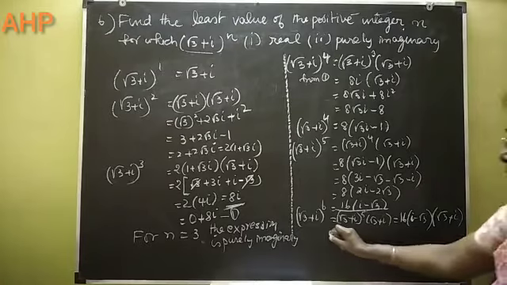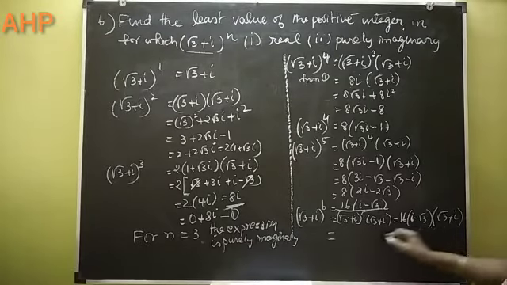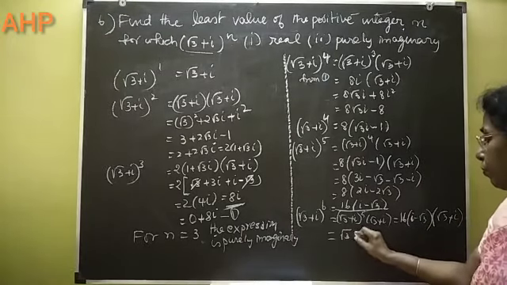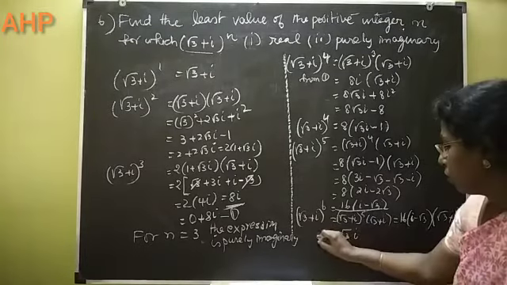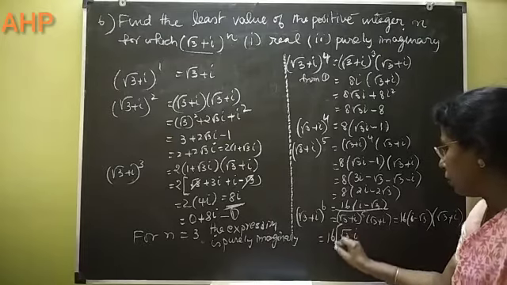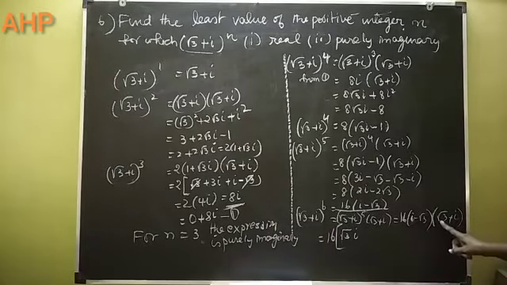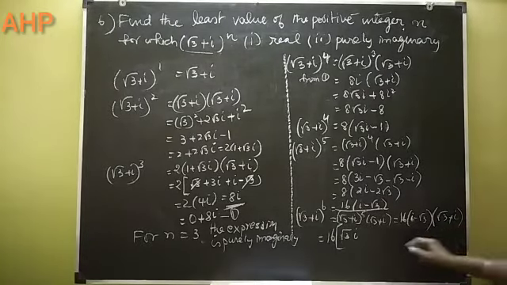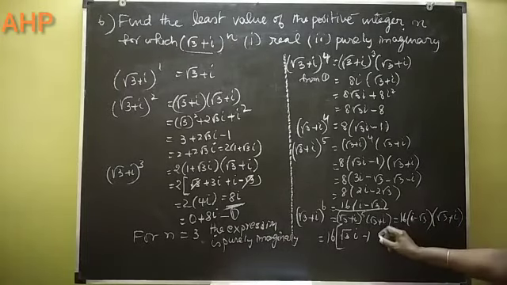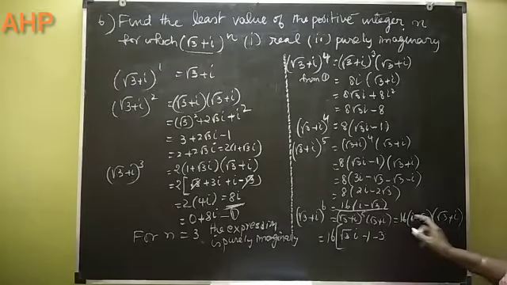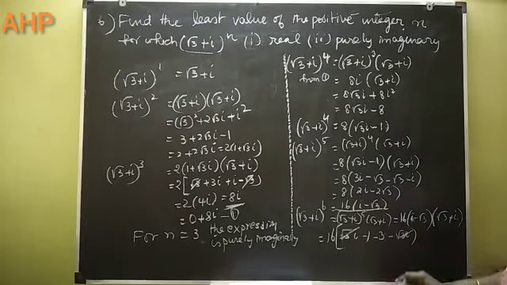So multiplying this, this is equal to 16 into, i into root 3 i gives, sorry, i into i gives you minus 1, i square, minus root 3 into root 3 is minus 3. Root 3 into i gives you minus root 3 i. So this plus root 3 i minus root 3 i gets cancelled.